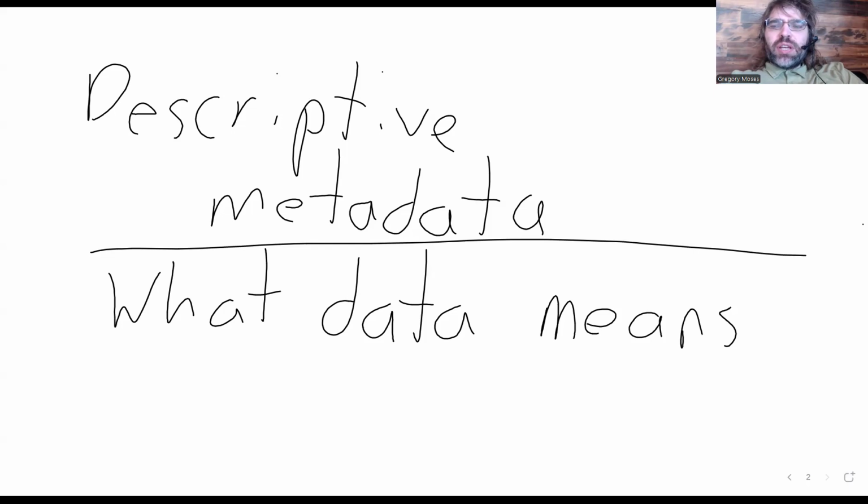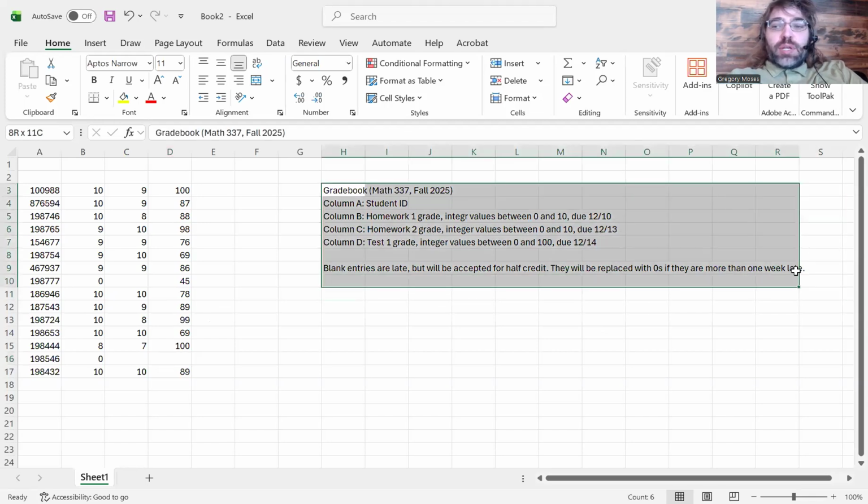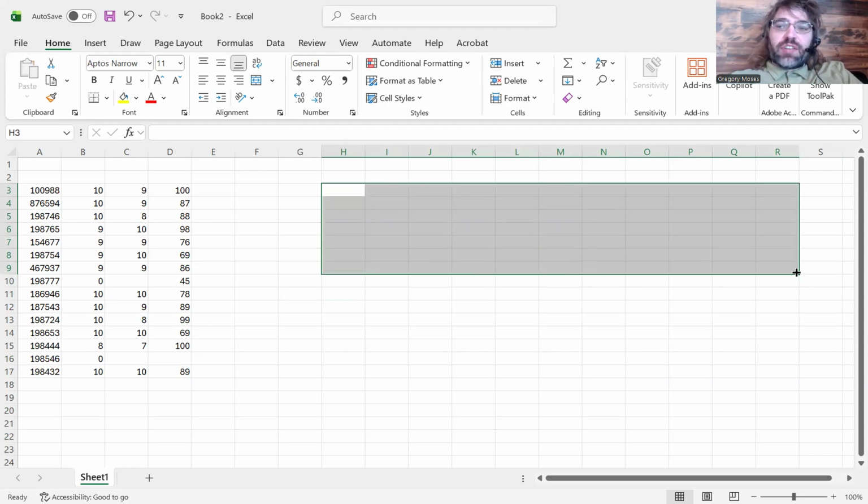Descriptive metadata is in a sense more important because descriptive metadata we can't get from Python or R or whatever our programming language is. I mean, going back to my spreadsheet here, if we don't have this data, we're out of luck. If I erase all that, this is completely meaningless.